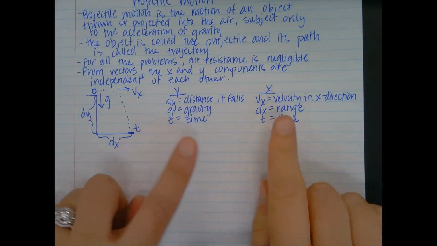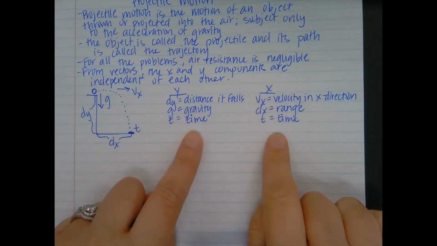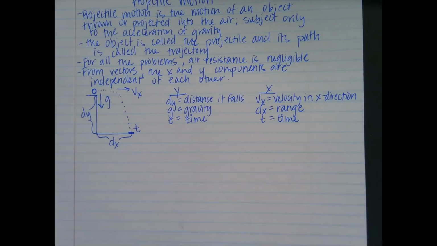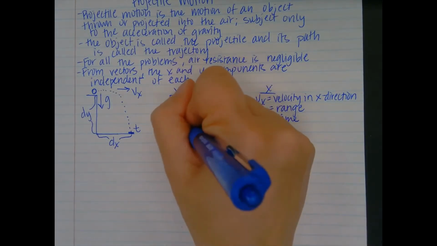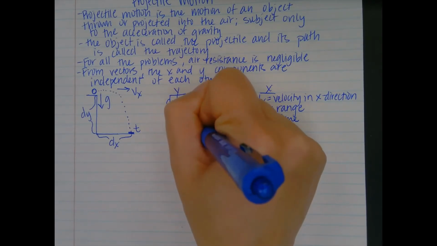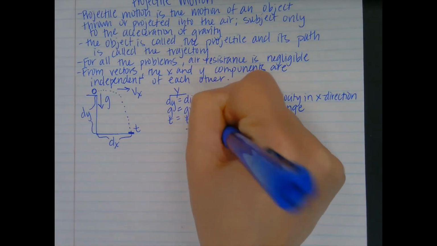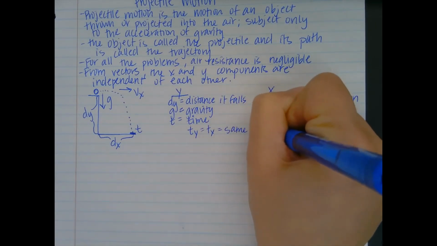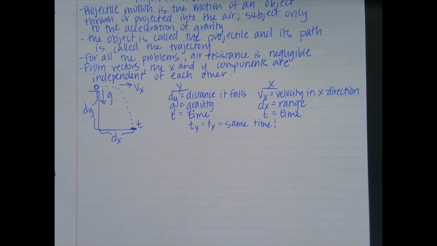Now about these two, we have time in both. Is that the same time? Is it the same object? So because it's the same object, that t is the same number. It's the same amount of time because that object is traveling in both the x and y direction. So I'm just going to make a note that t in the y direction is t in the x direction because it's the same time. Okay, the t is all the same. It's the same number.